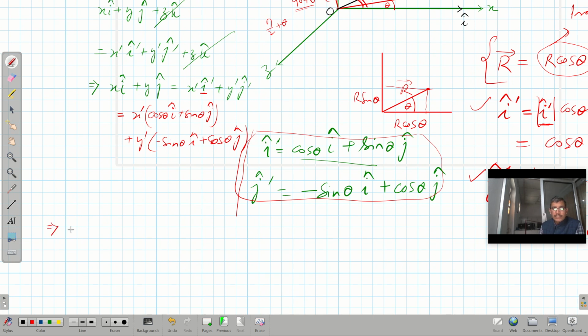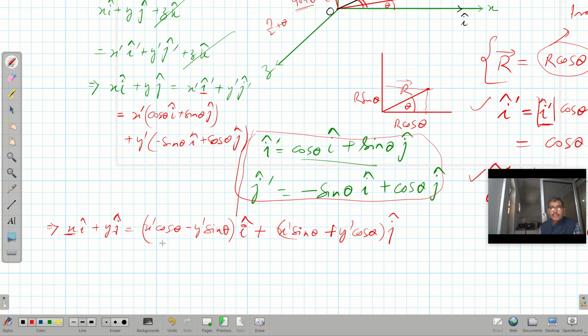It means that x i cap plus y j cap is equal to x prime cos theta minus y prime sine theta, times i cap, plus x prime sine theta plus y prime cos theta, times j cap. If I compare, this x is equal to this one and this y is equal to this one.